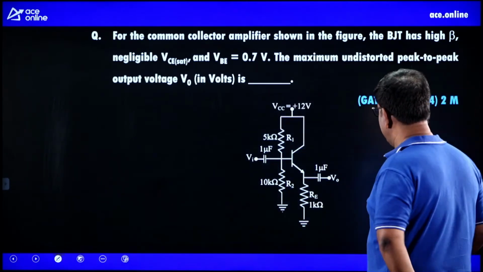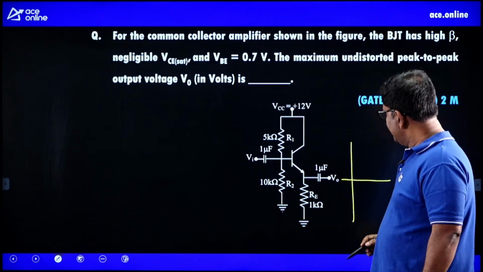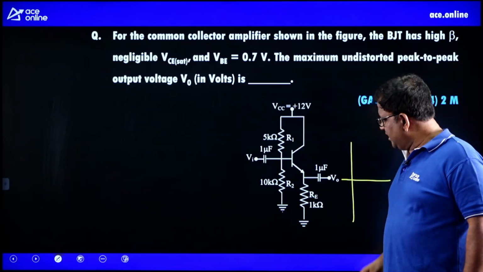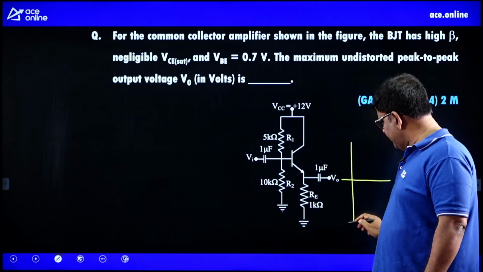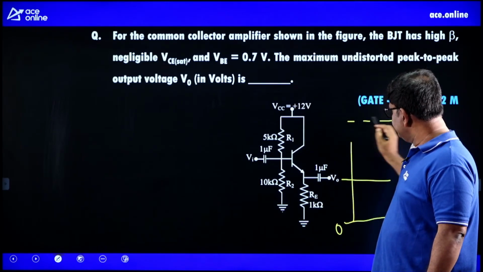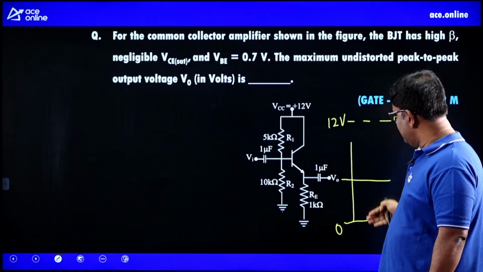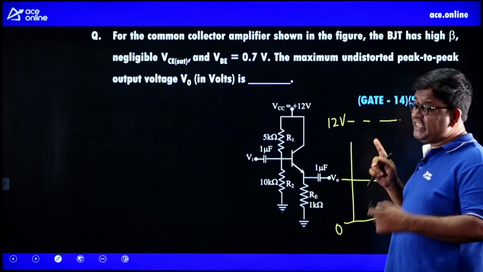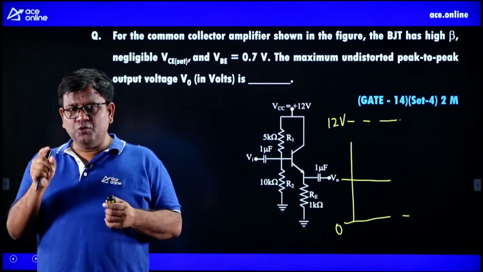So he wants a peak to peak voltage of this V0, this is the DC value, and look at the logic here. This is ground, and what is the voltage of ground? That is 0, and here you have 12. So your signal is going to swing between 12 and 0 with some DC value, but what is the clue here?